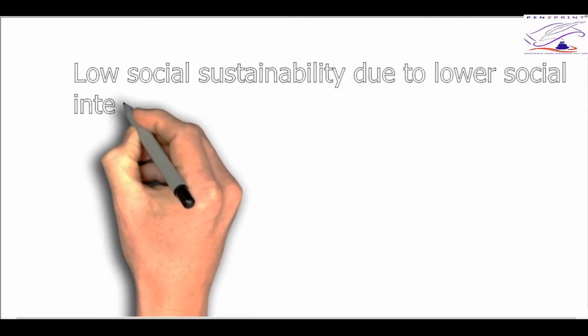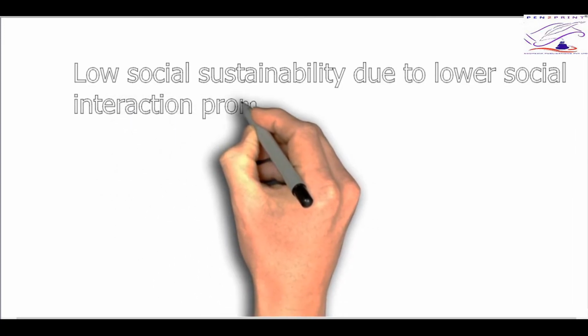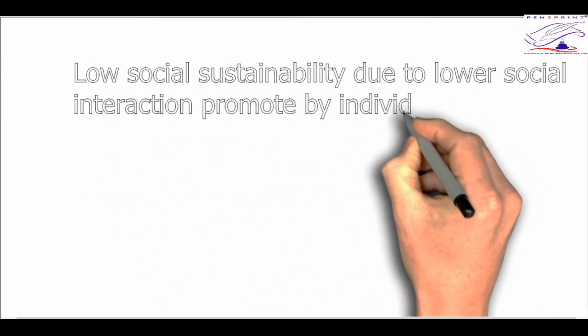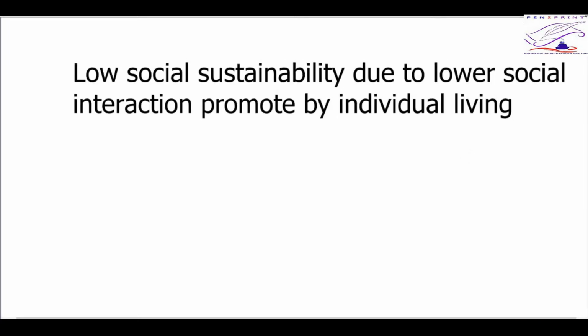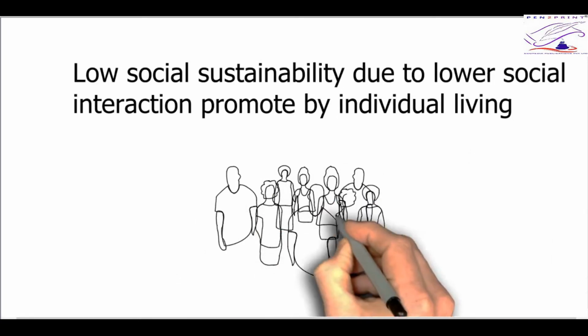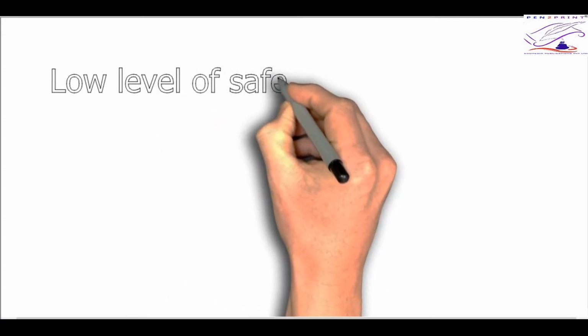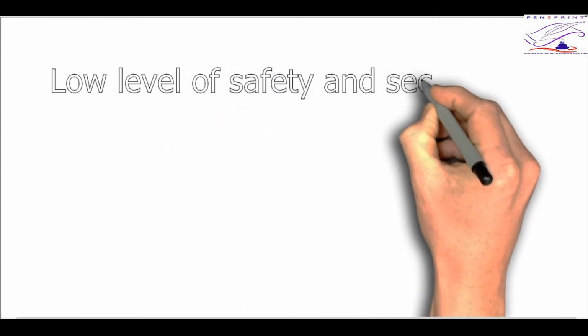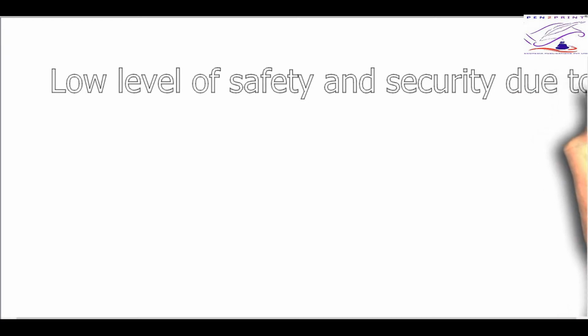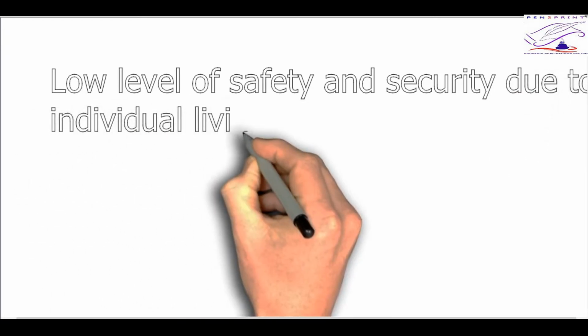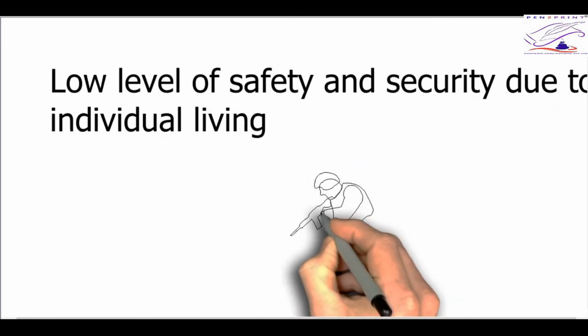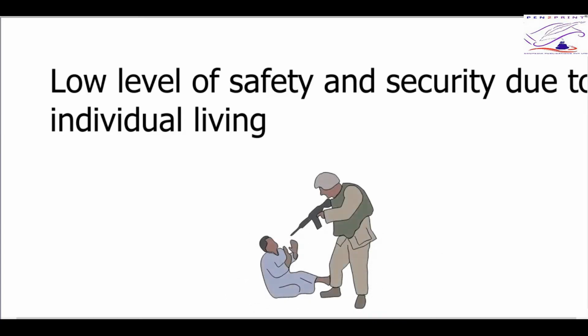There will be low social sustainability due to lower social interaction among the individuals who are residing in the colony, because most of them will be plotted development and individuals from different communities will come and reside there. They will construct their homes. There will be a low level of safety and security due to individuals living in individual plots and houses.